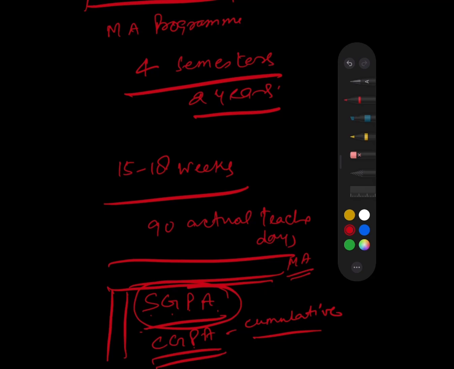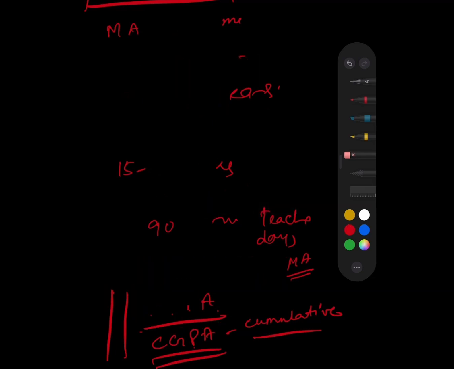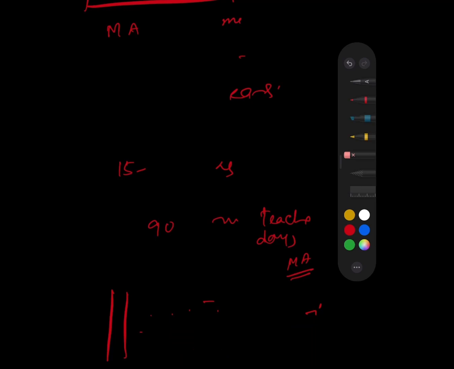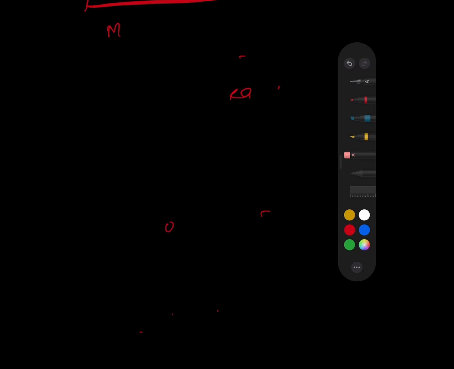Now coming to the examination pattern. What is the examination pattern which you have here? Now the higher education institutions are following various methods of examination assessment suitable for the courses and programs as approved by their statutory bodies.